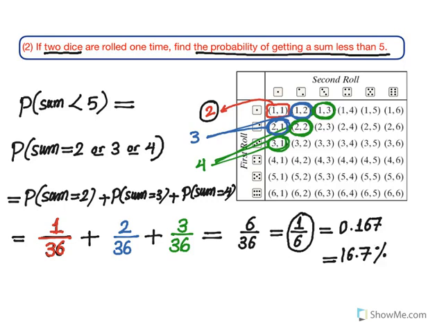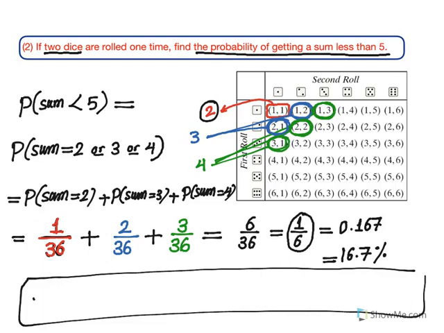A question could also be to find the probability of getting a sum, let's say, greater than 10. If we say greater than 10, so let's just do it. So what is the probability of sum greater than 10? Or let's say greater than or equal to 10, let's just make it a little bit more interesting.